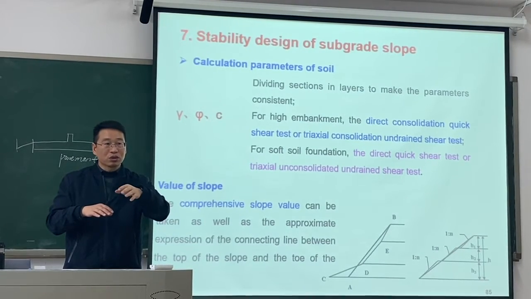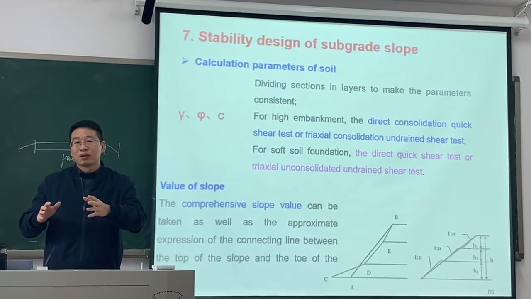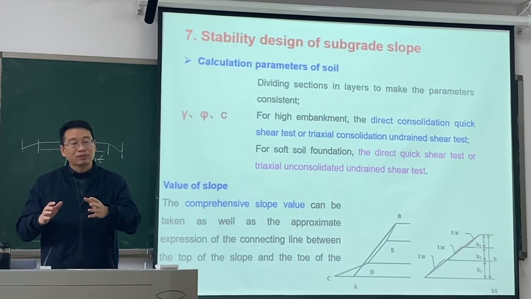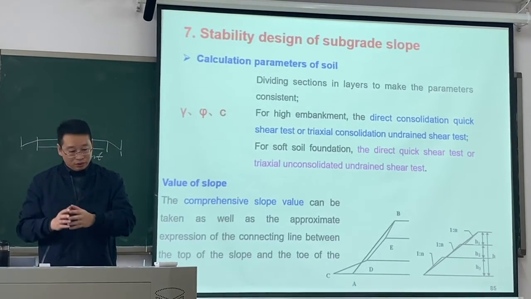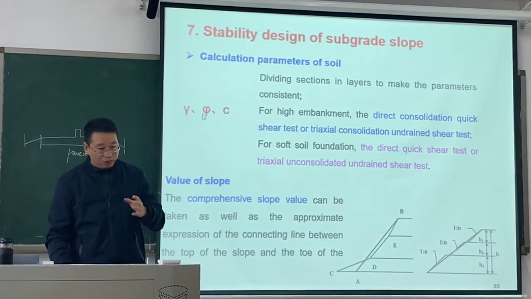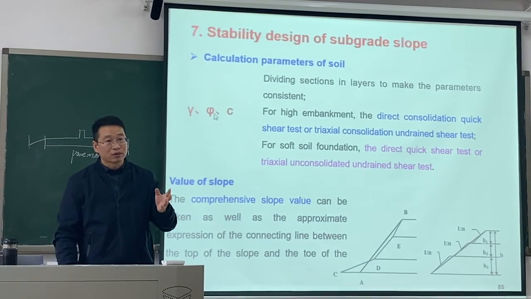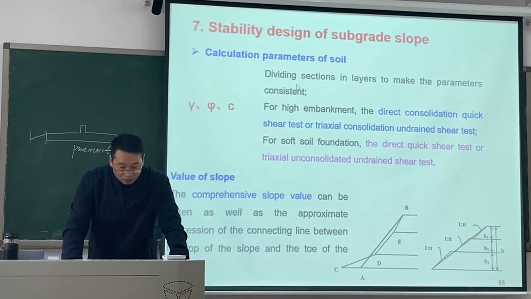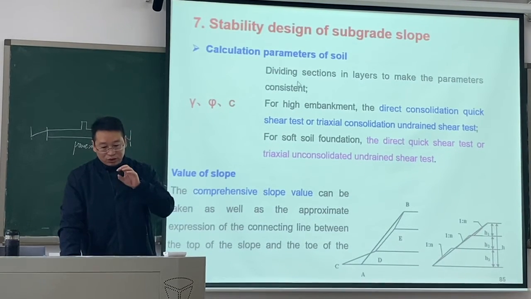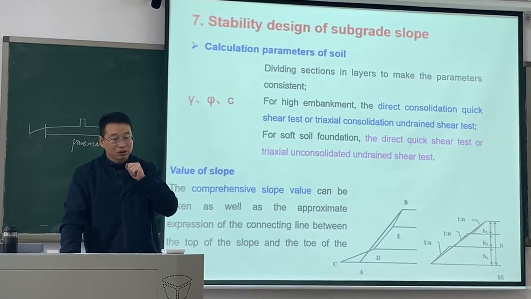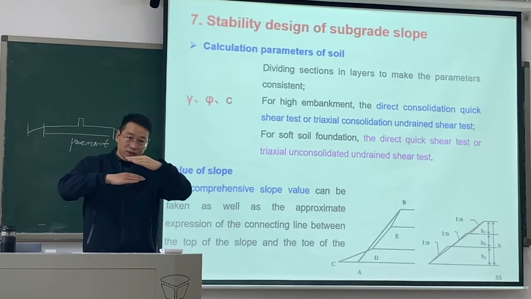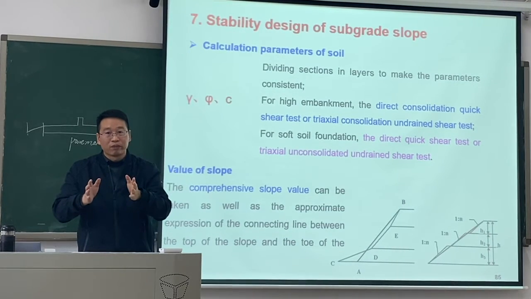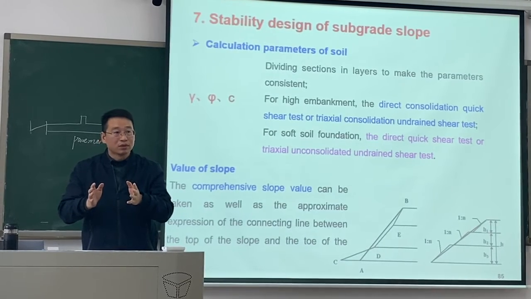But for different soils, we have different parameters, different soil properties. So these 3 parameters are different. So we should divide the sections into layers to make the parameters consistent. Just one layer has the same parameter.